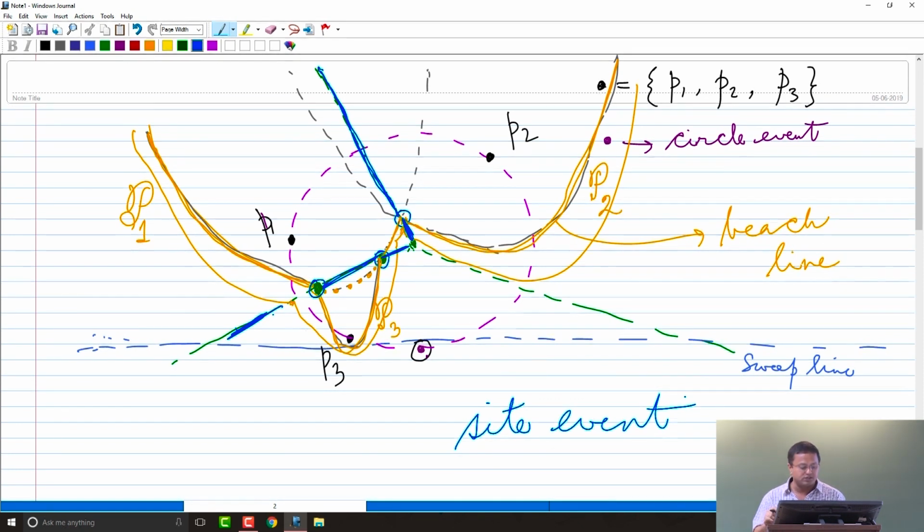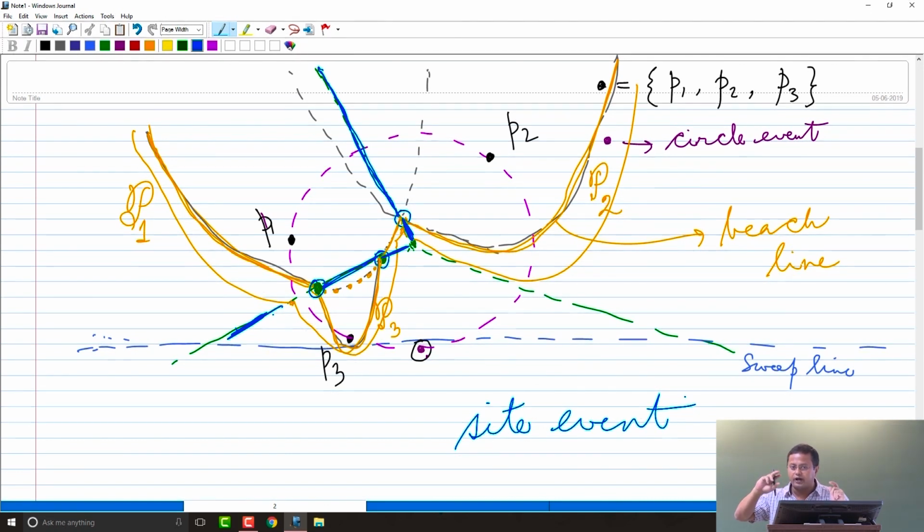So, what I will do is, the moment this P3 comes, I will figure out from the beach line its left predecessor and right successor. So, in this case P3 is between P1 and P2. So, P1 is its left predecessor, P2 is its right successor.